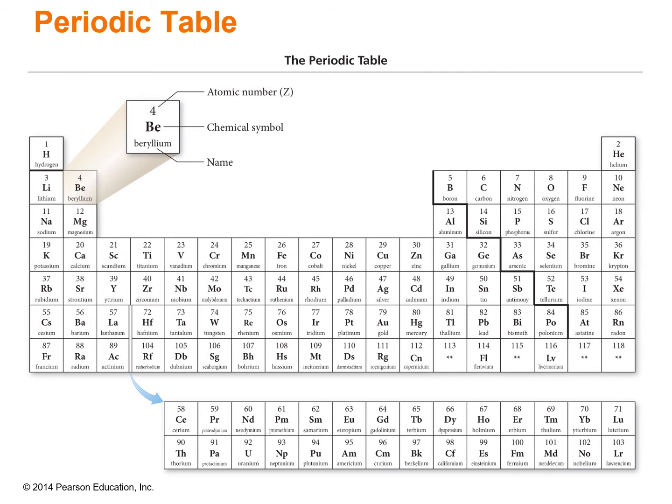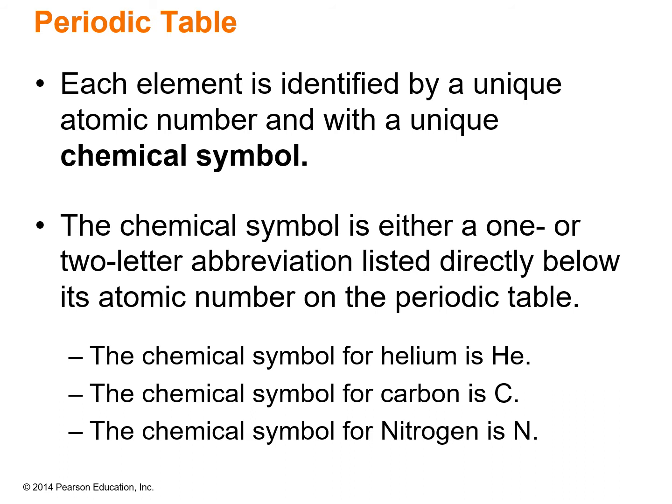And if you notice, no 2 elements on the periodic table have the same atomic number. So no 2 elements are going to have the same number of protons. So each element is identified by a unique atomic number and a unique chemical symbol.